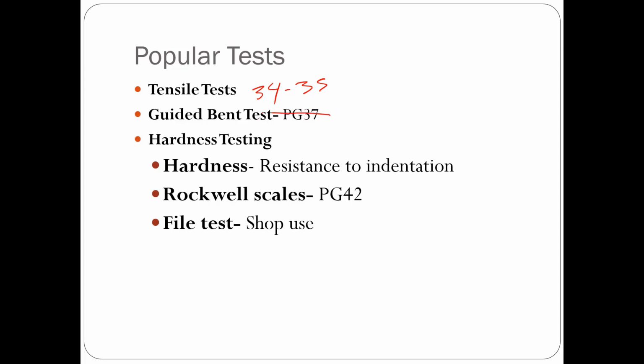I won't ask anything about guided bend tests. Hardness testing, we did hardness testing, and understanding the Rockwell scales. So we had HRB for softer materials, and we had HRC for harder materials.